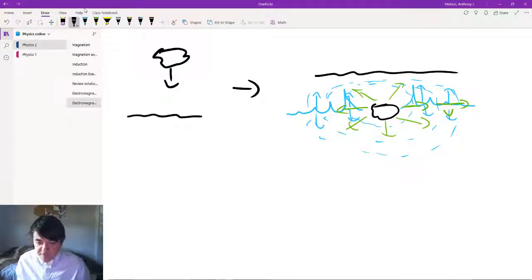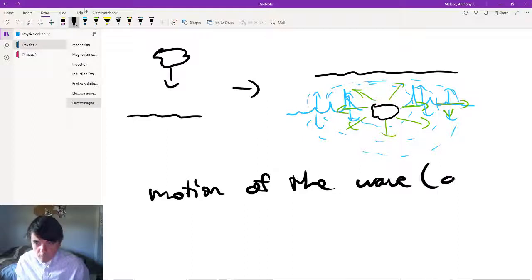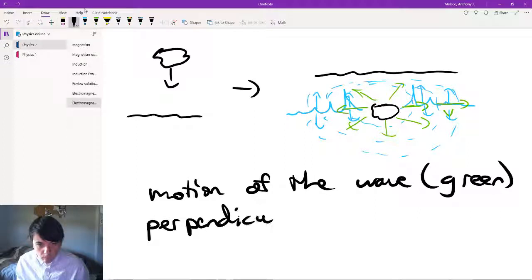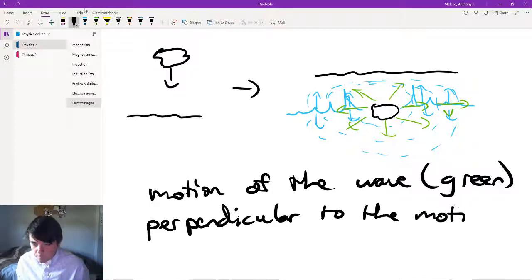But the motion of the wave is to the left, right? It's outward. It's perpendicular, making a 90-degree angle, perpendicular to the motion of the particles.